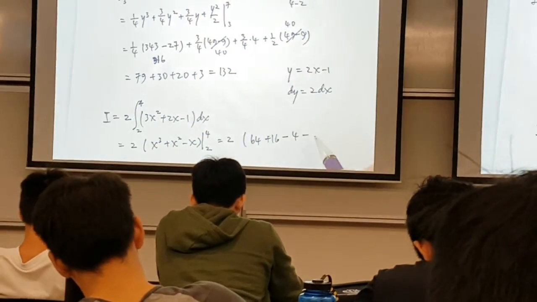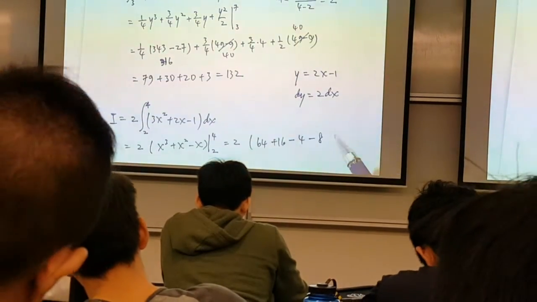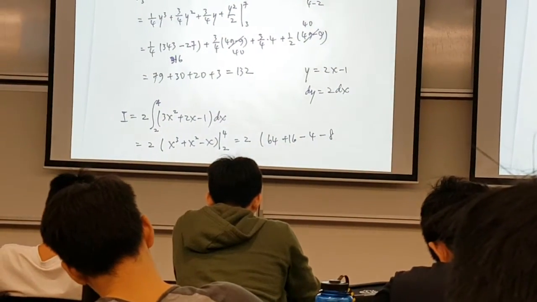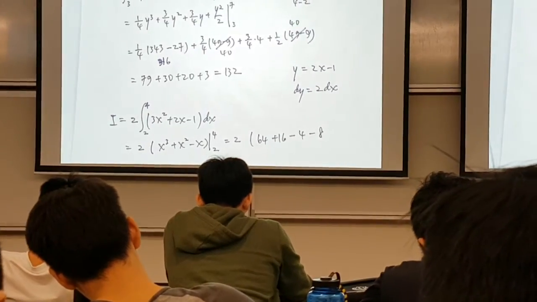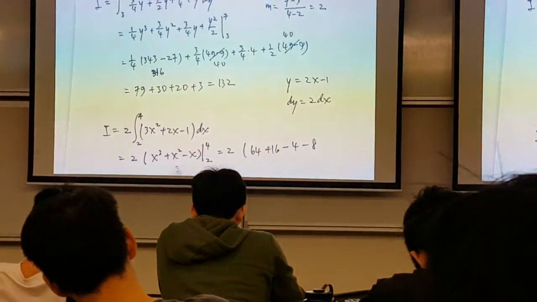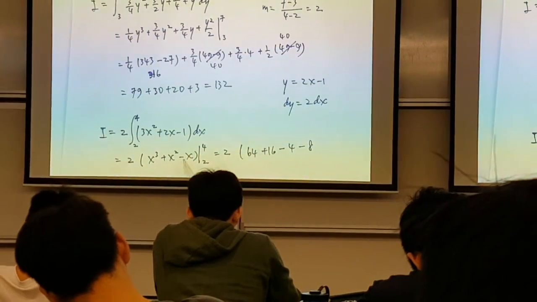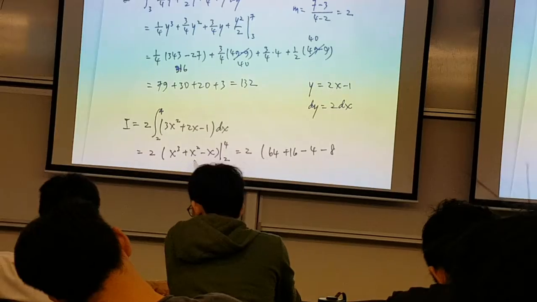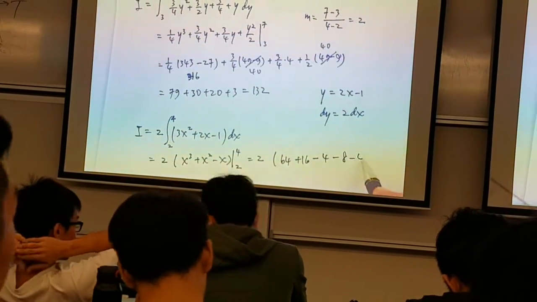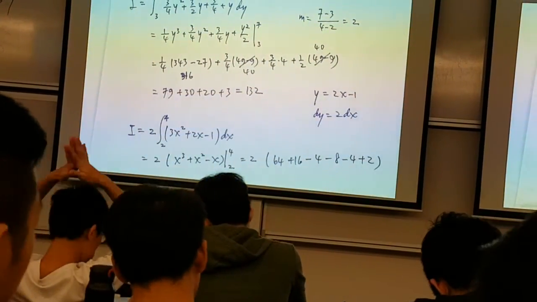And then minus 8, and minus x squared, 2. So minus 4, and then when you substitute 2 it is minus 8, and then when you substitute 2 it is minus 4 plus 2.